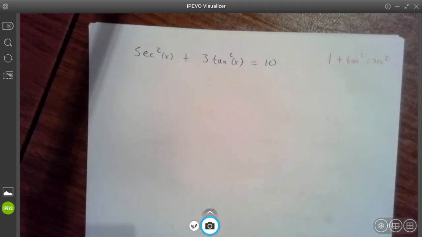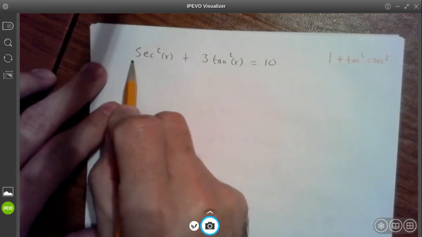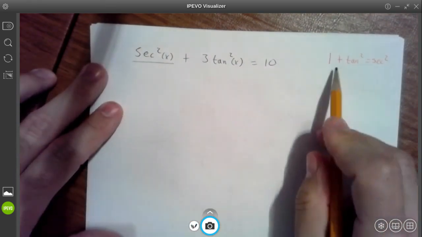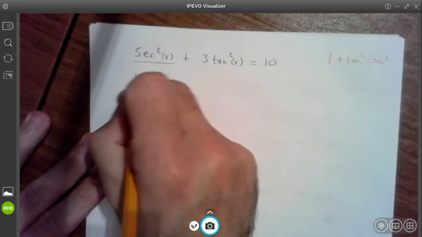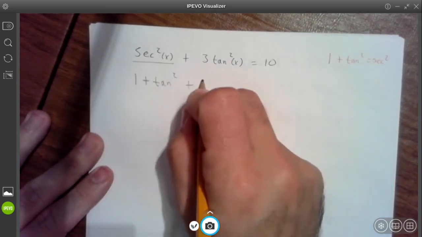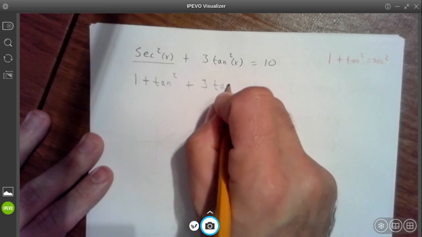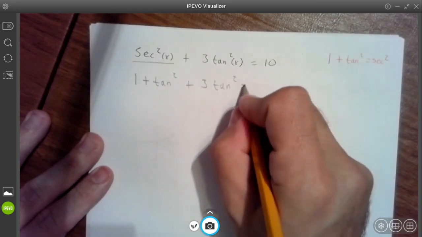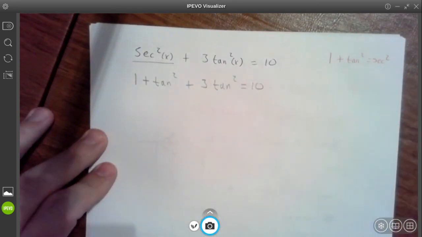I don't know about you, but I prefer to solve tangent equations as opposed to secant equations. So I'm going to replace this secant squared with 1 plus tan squared, plus 3 tan squared equals 10.